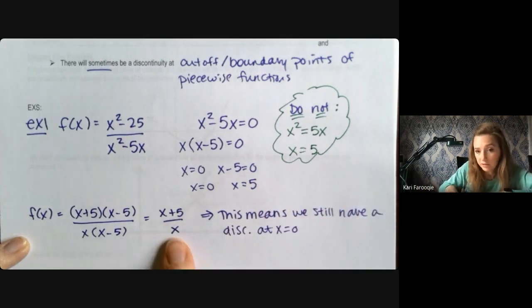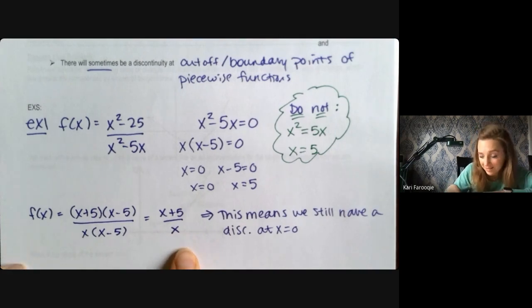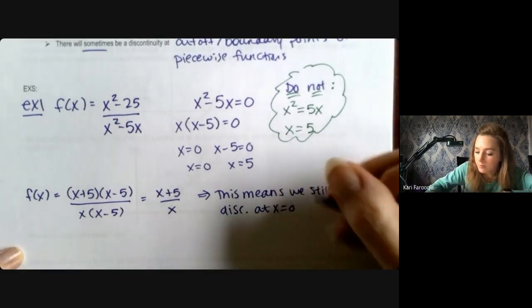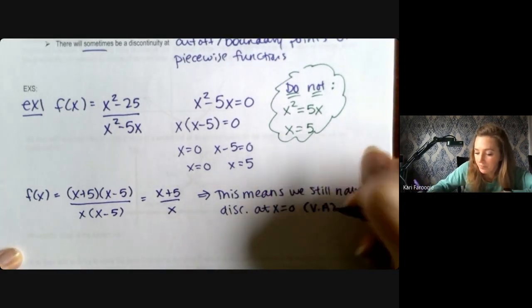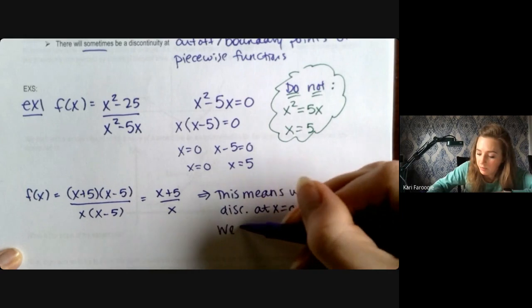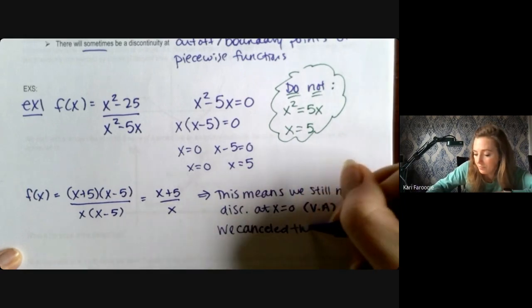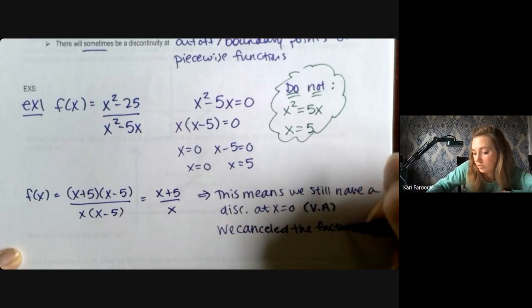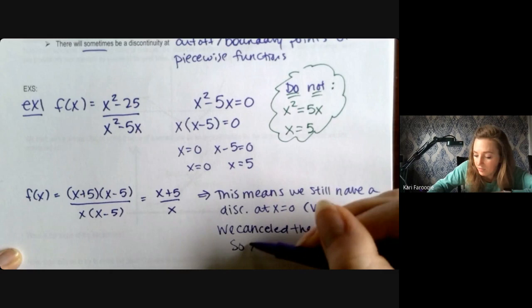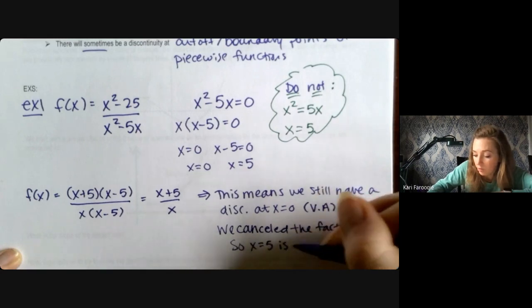If you can't cancel it out, it's a vertical asymptote. If you can cancel it out, it's a hole. We canceled the factor x minus 5. So x equals 5 is a hole.